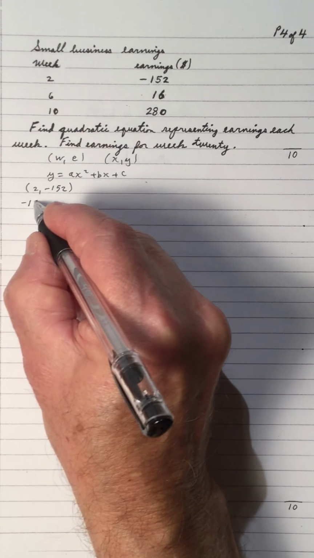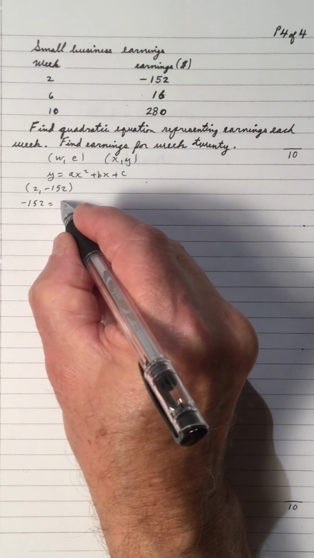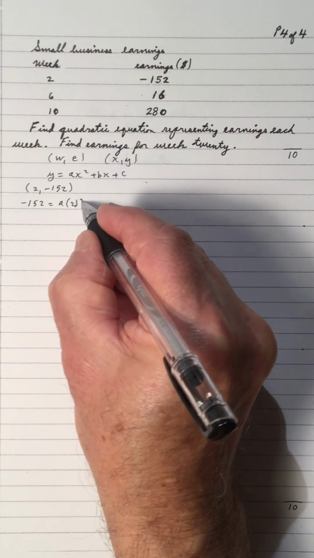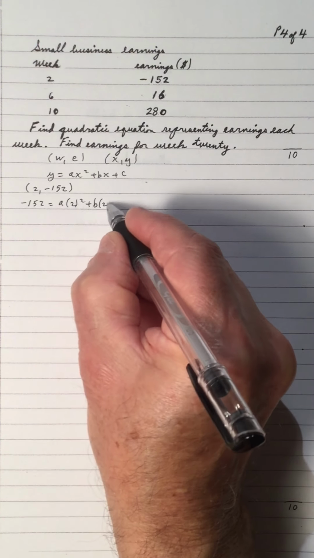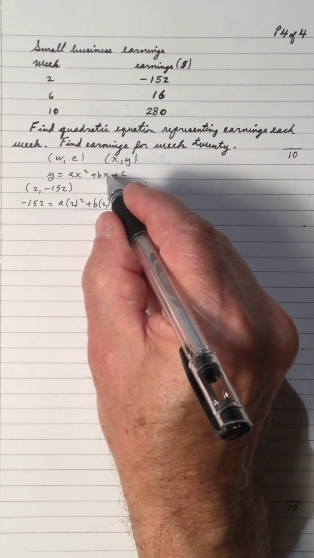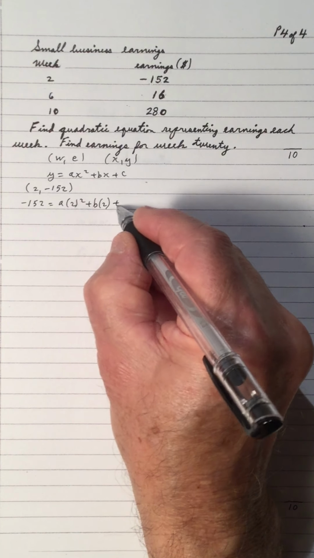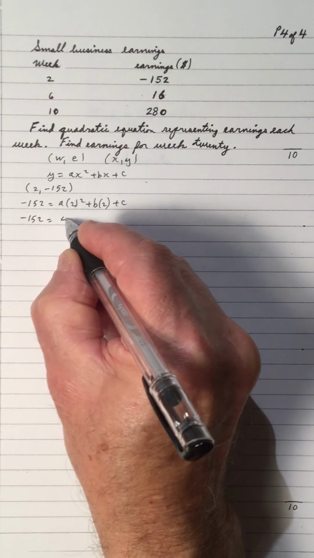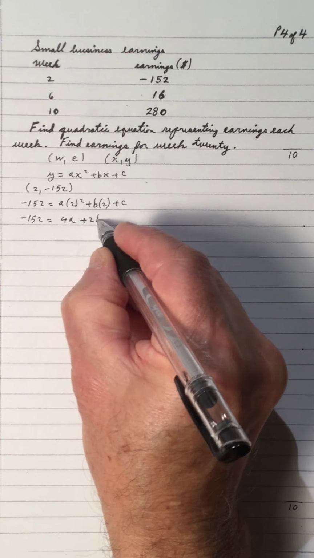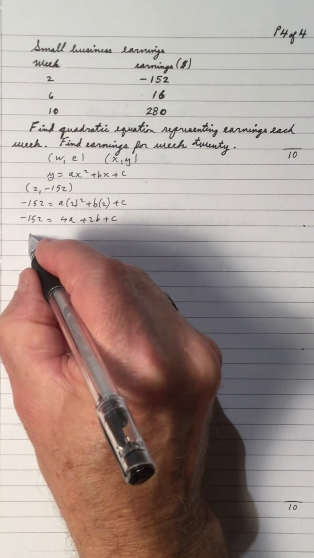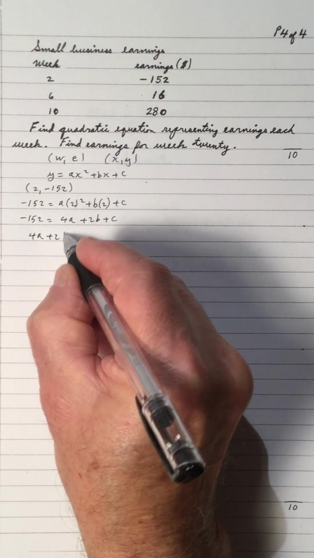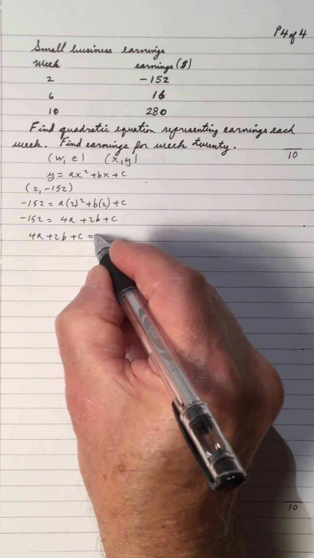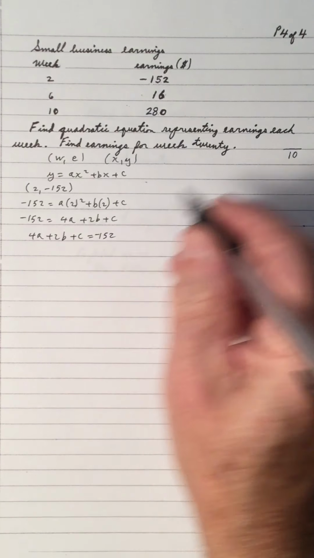So negative 152 equals a times 2 squared, plus b times 2 plus c. So negative 152 equals 4a plus 2b plus c. So 4a plus 2b plus c equals negative 152.